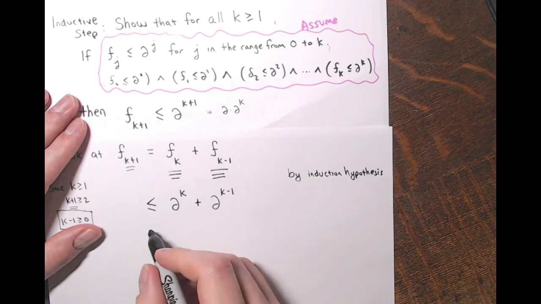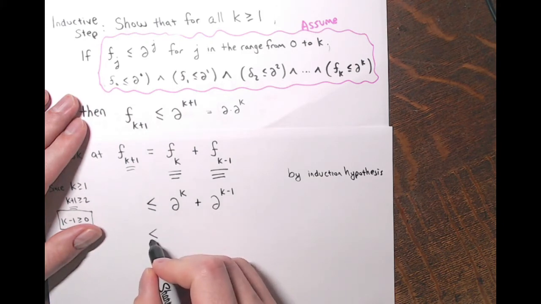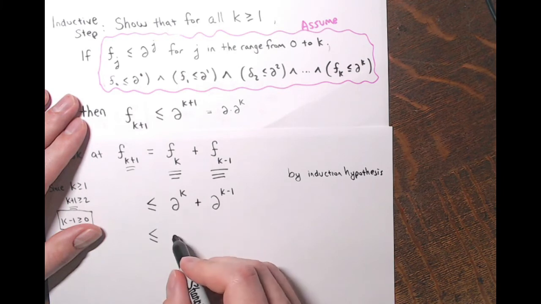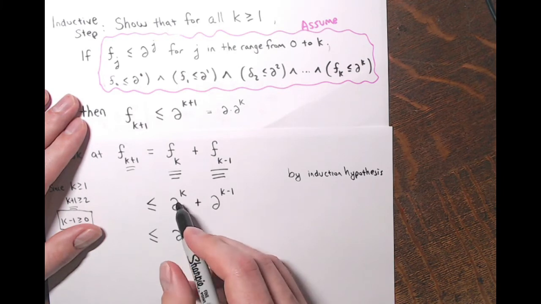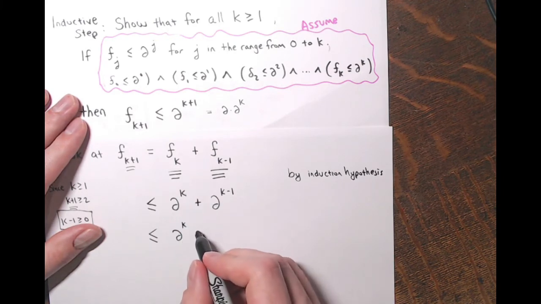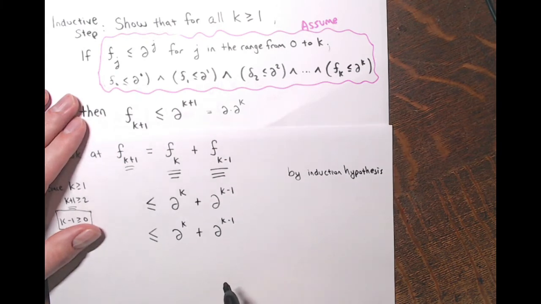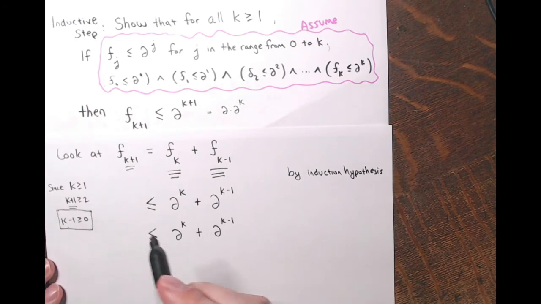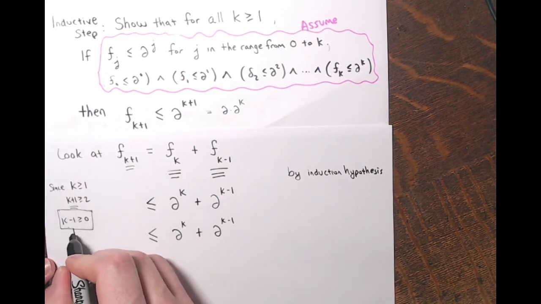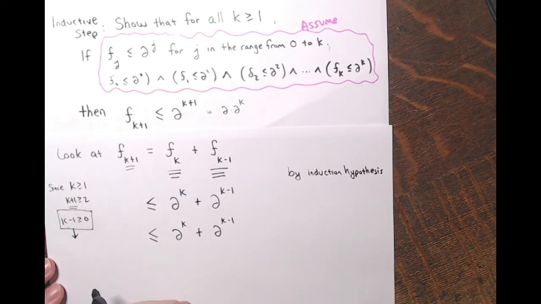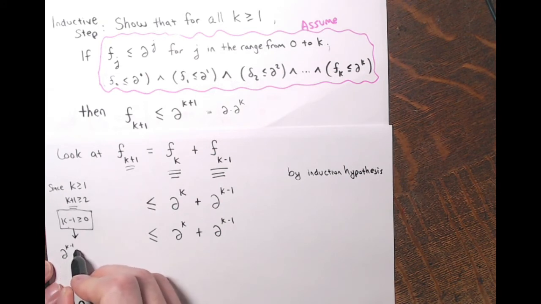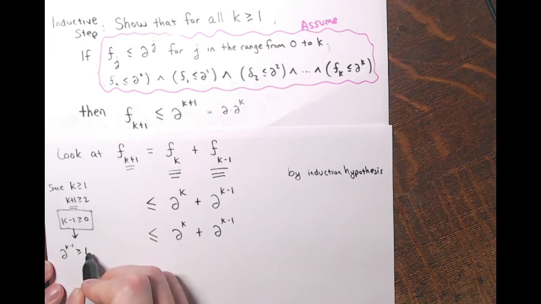Okay, so I could do this. This is less than or equal to 2 to the k, I still have the 2 to the k there, plus the 2 to the k minus 1. Now, since k minus 1 is greater than or equal to 0, 2 to the k minus 1 will be greater than or equal to 1.